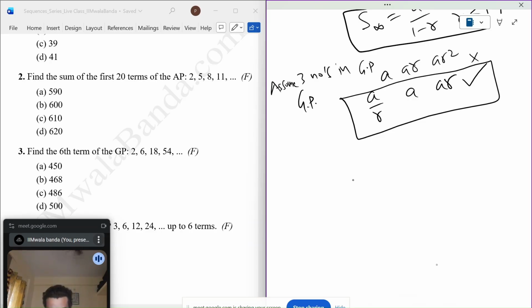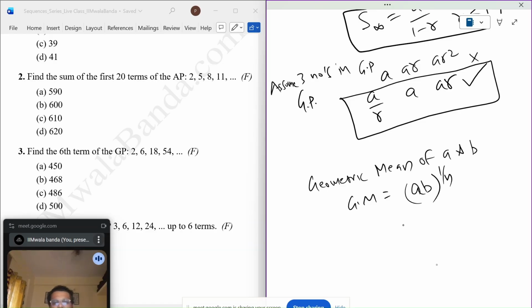Just like we understood arithmetic mean, we will also understand geometric mean. So geometric mean is basically what? Let's say the geometric mean of a and b is ab to the power 1 by n, in this case 1 by 2, or root ab.